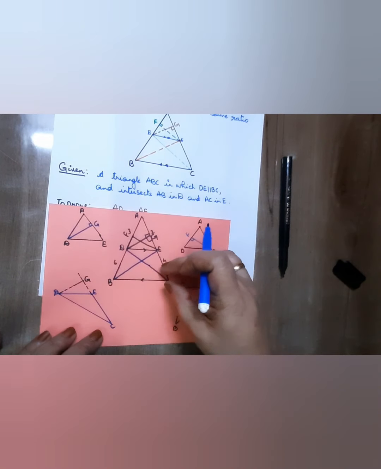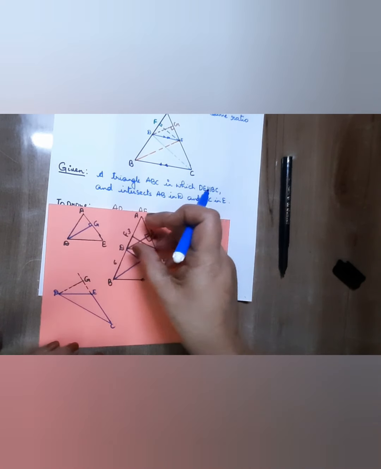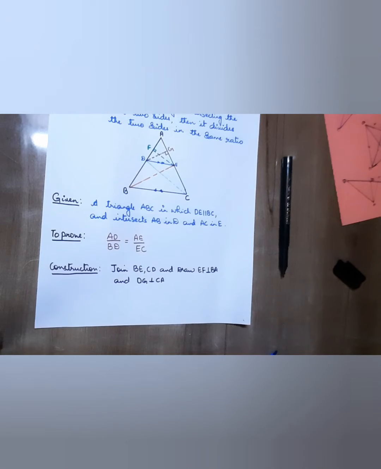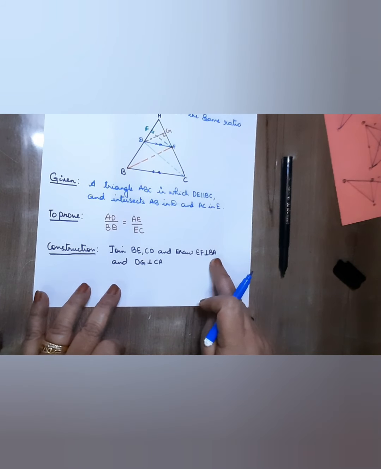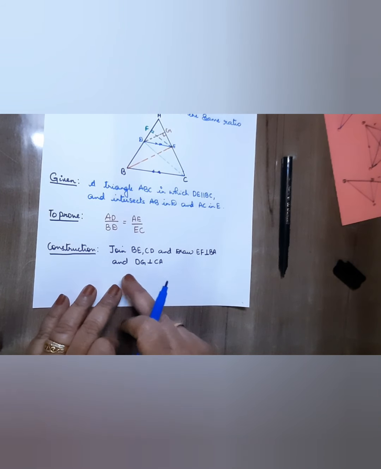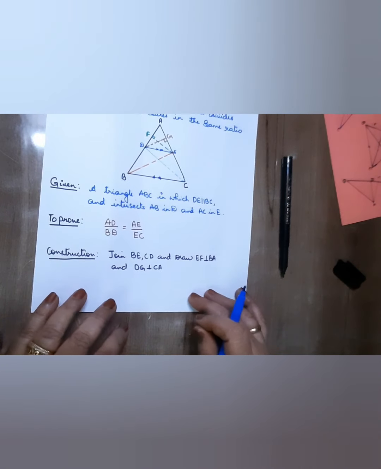The main purpose of joining this is, look, AE we get, EC we will get, AD and BD we will get. So the construction: join BE, CD and draw EF perpendicular to BA and DG perpendicular to AC. Just now I have shown you how it is done.